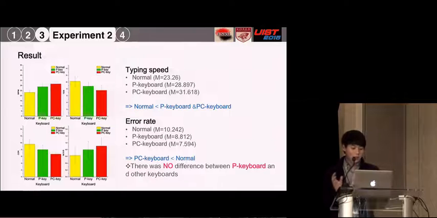This graph shows the NCER, but in our two-way repeated measures ANOVA, there was no difference between the three keyboards. So we don't think that. Not significant. Okay, thank you.